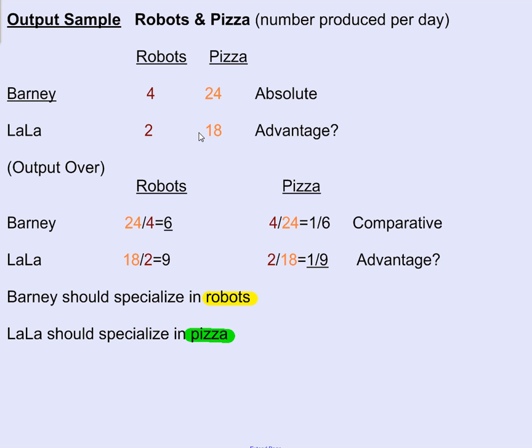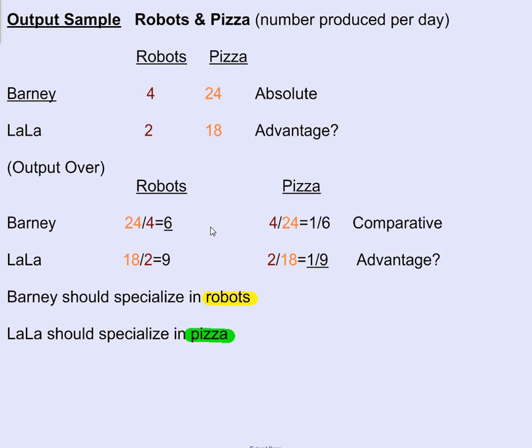If it's absolute advantage for an input problem, you want the lowest number. That's the one that has absolute advantage because they're using less of the input to make that good. And whenever you do comparative advantage, doesn't matter input or output problem, lower is always better, just like limbo. How low can you go?